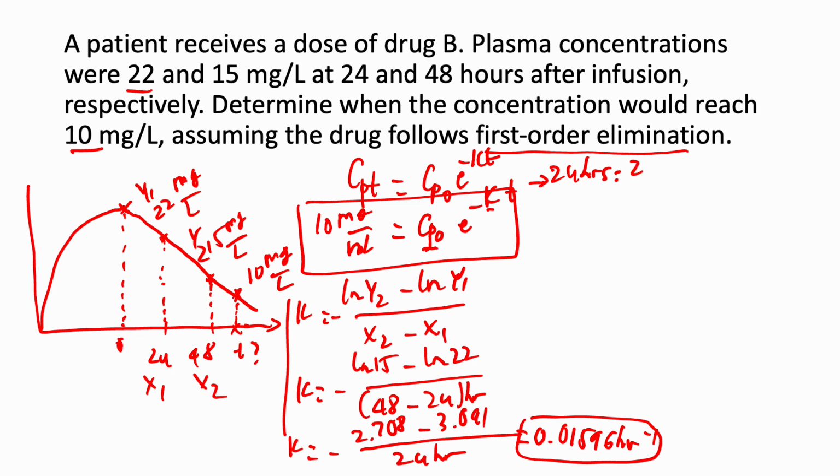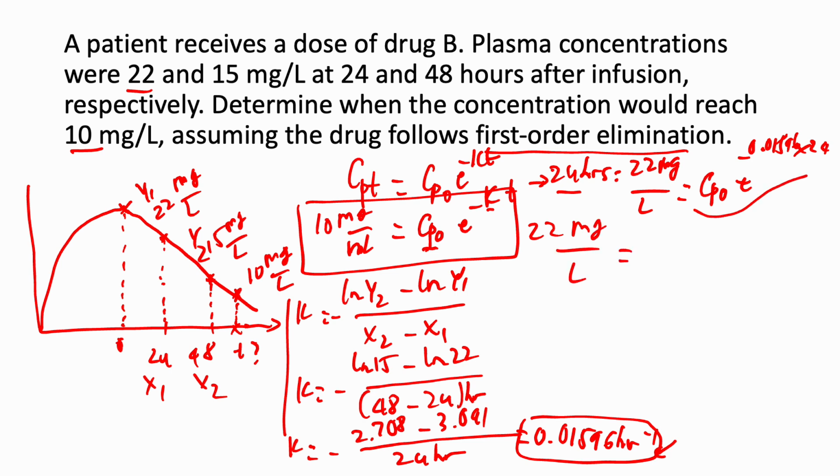So 22 milligram per liter is equal to C_0 times 0.6818.